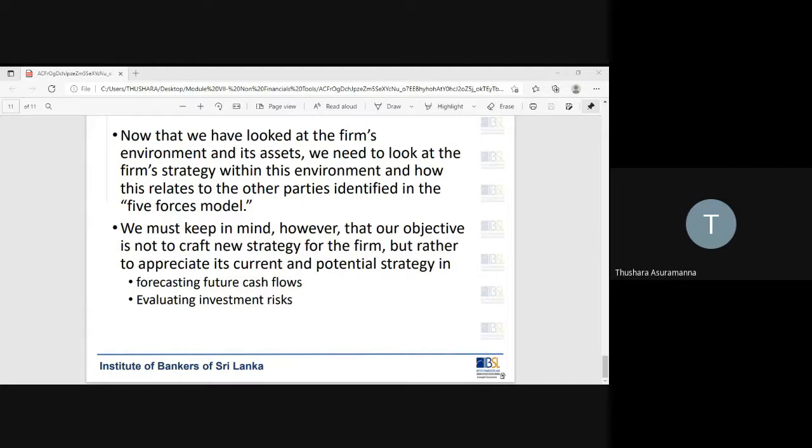Then you can say, if it's a high risk market and highly competitive, possibly I have a higher risk in reaching my goals. And then my cash flows, my future income, could be impacted in these areas. So I need to sensitize my cash flows in terms of competition. In a highly competitive market, I can't maybe double my turnover in the next 2-3 years.